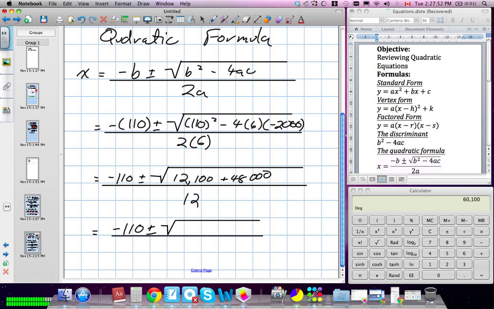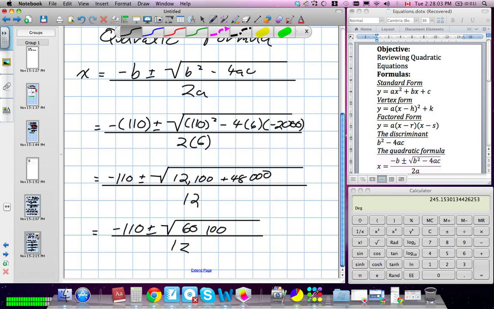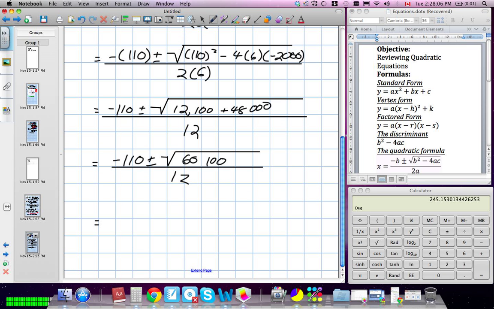We're going to square root that term, 245.2. So we get negative 110 plus or minus 245. We'll round it to 245.2, divided by 12. This is where we have to split the equation. Because we square rooted a positive number, we have a positive and negative value as our answer.